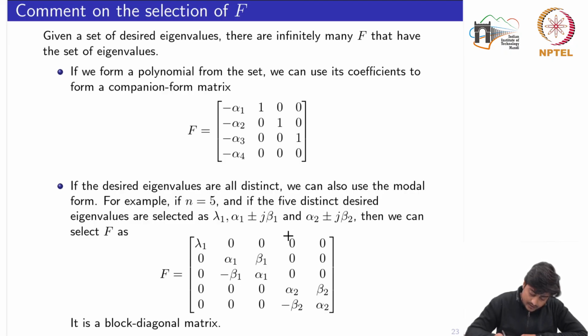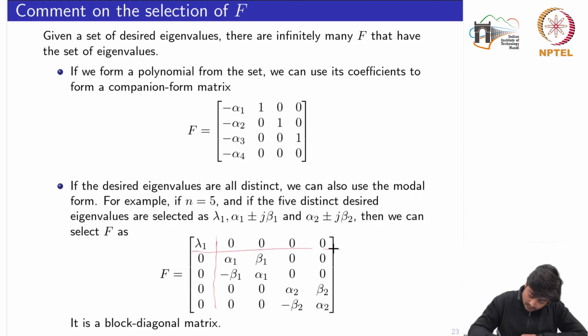Now this particular F matrix we have also seen in some of the tutorial problems. Let's say there are some complex eigenvalues and we want to specify a real matrix, then we can write the complex eigenvalues as this block, and the complex eigenvalues should definitely occur with their conjugate pair. Okay, so here it contains 5 eigenvalues and it is a block diagonal matrix.